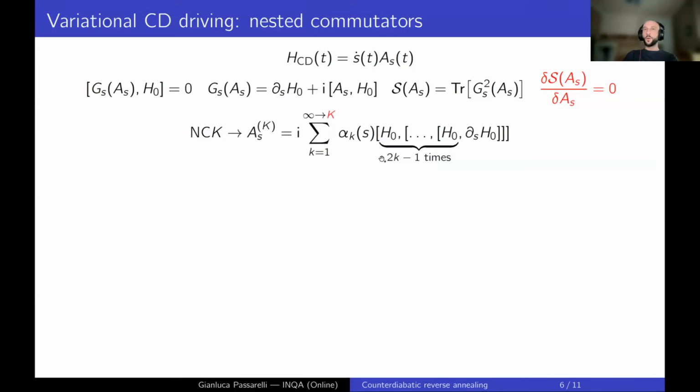Of course, one thing you can do is truncate this series up to a certain k and just use this as your kth order ansatz of the counterdiabatic operator. You can optimize these coefficients by solving these equations, and you can use this to assist the adiabatic passage across small gaps in quantum annealing or in adiabatic reverse annealing.